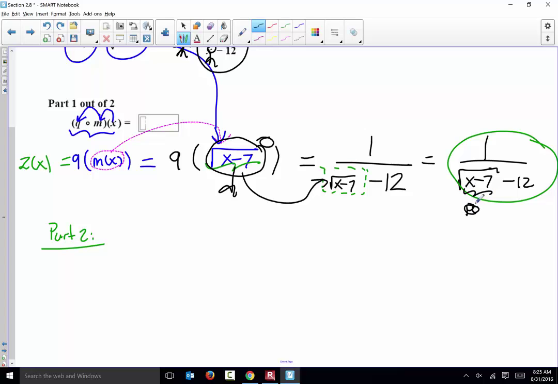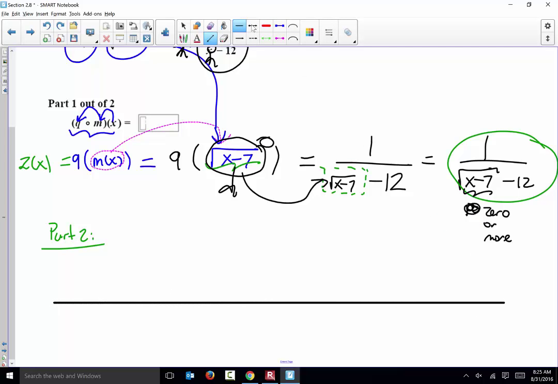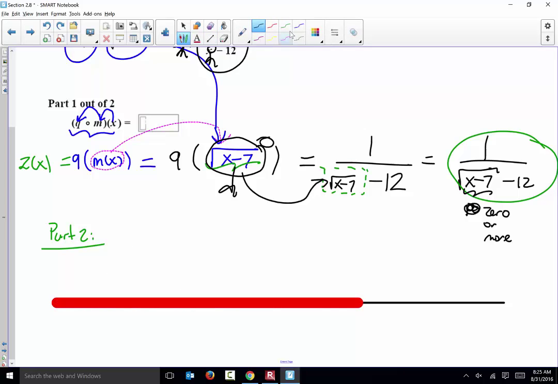Must be 0 or more. 0 or more is good. So bad numbers are less than 7. So again, let's visually mark them first. These are bad, 7 and less. Okay.